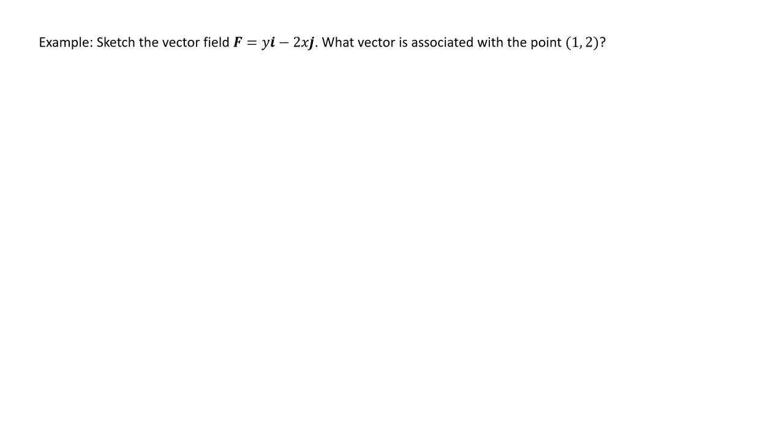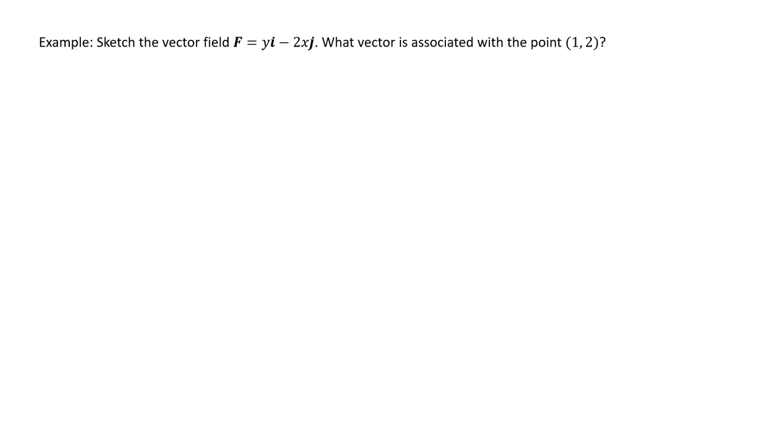So the first thing I want to talk about is how do we actually sketch a vector field? How do we visualize this vector field? So we've got the vector field F equals yi minus 2xj.